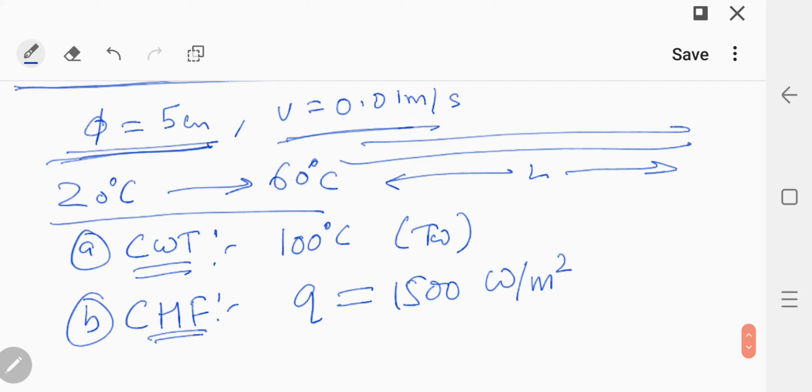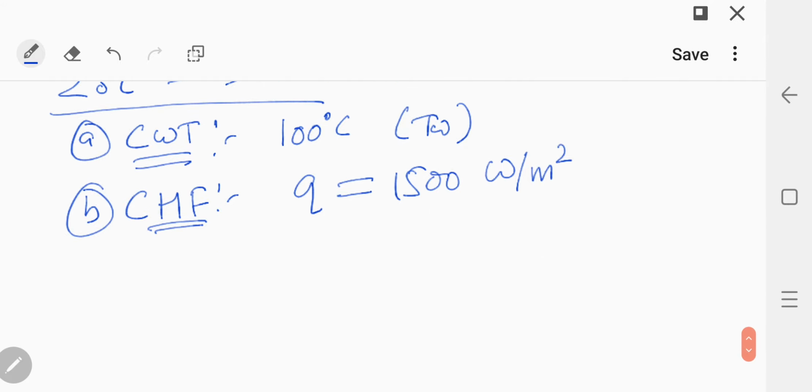Since the velocity is 0.01, the flow is laminar, but still we can determine that by calculating the Reynolds number. Since the fluid enters the pipe at 20 and leaves at 60, let's take roughly the average, the mean bulk temperature of around 40 degree.